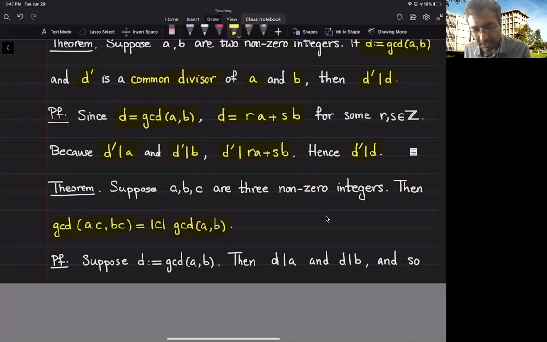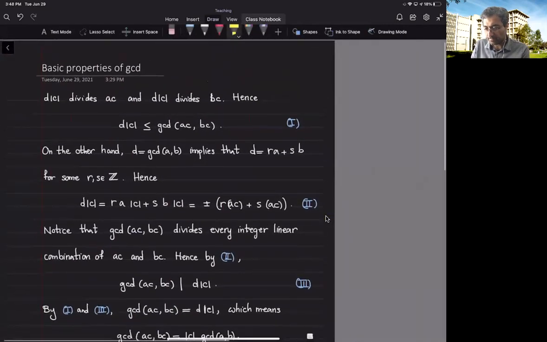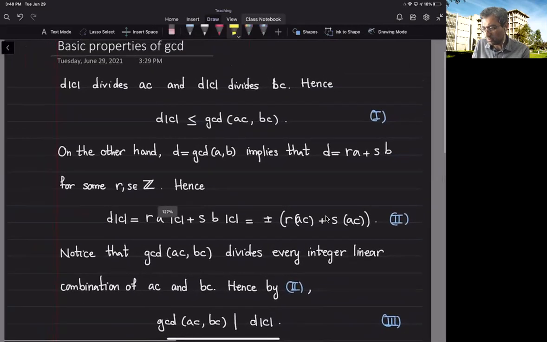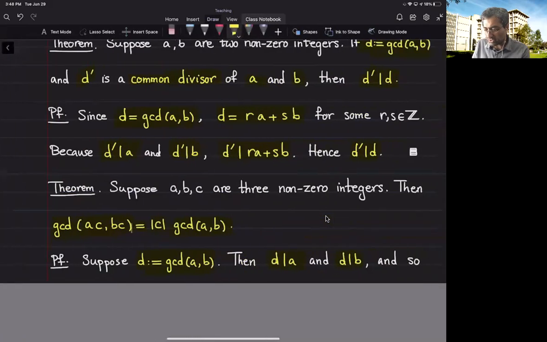In any case, I'm giving you three non-zero integers, A, B, and C. Then the claim is that the greatest common divisor of AC and BC is the absolute value of C times GCD of A and B. So suppose D is the GCD of A and B. Then again, as before, D is a common divisor of A and B, and moreover, D can be written as an integer linear combination of A and B. But I want to show that these two integers are equal.